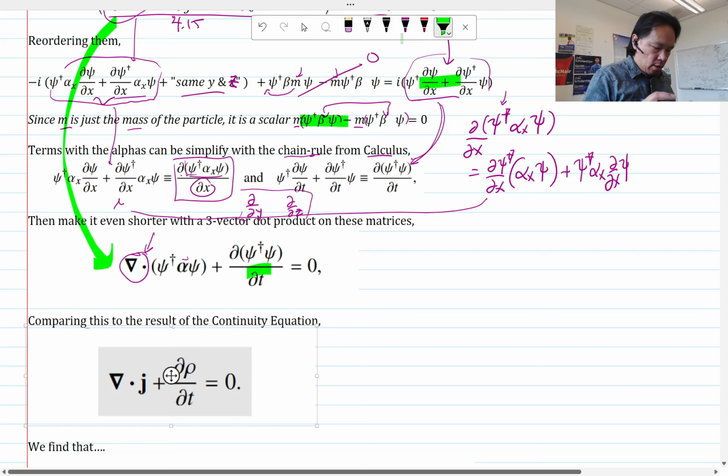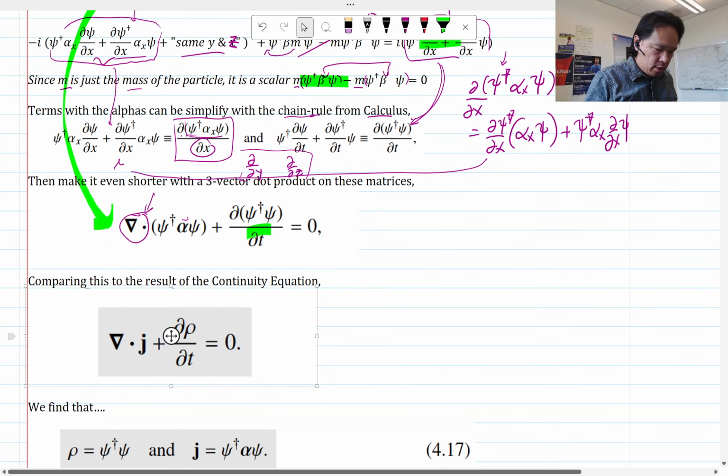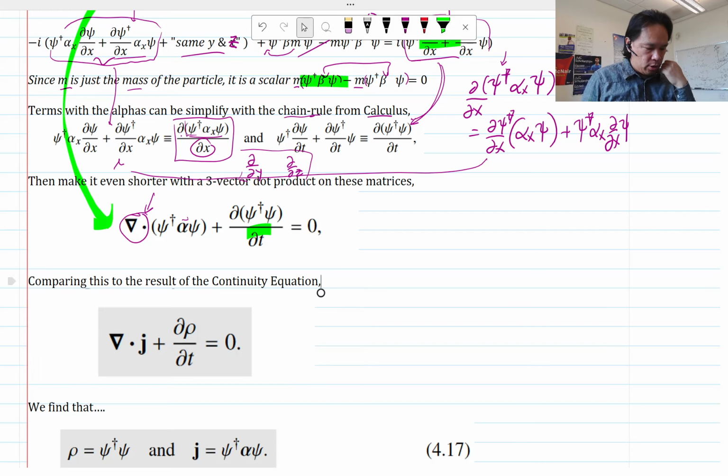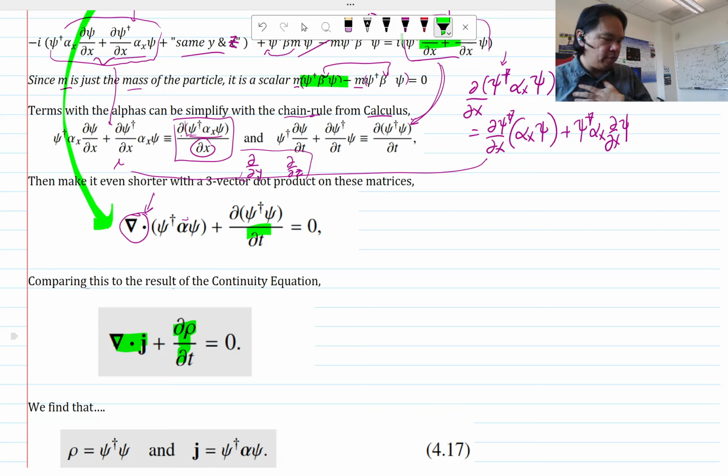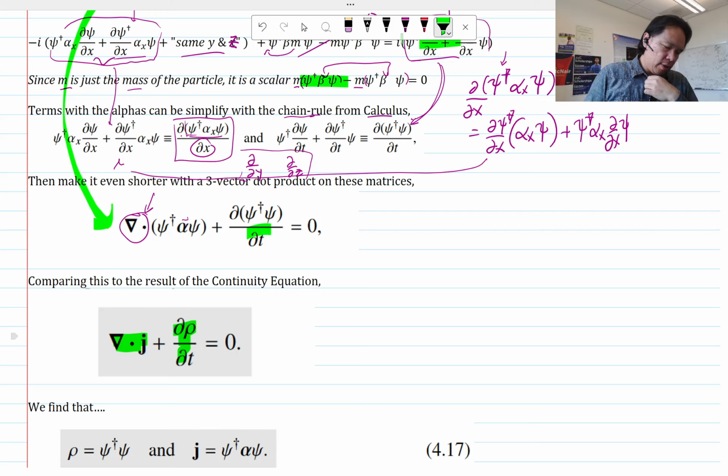Now we're going to compare this to the continuity equation that we had in section 2.3.2, where we have the divergence of j plus the partial time derivative of the probability density equal to 0. We have a very similar equation here, where we have some divergence thing and some time derivative thing.